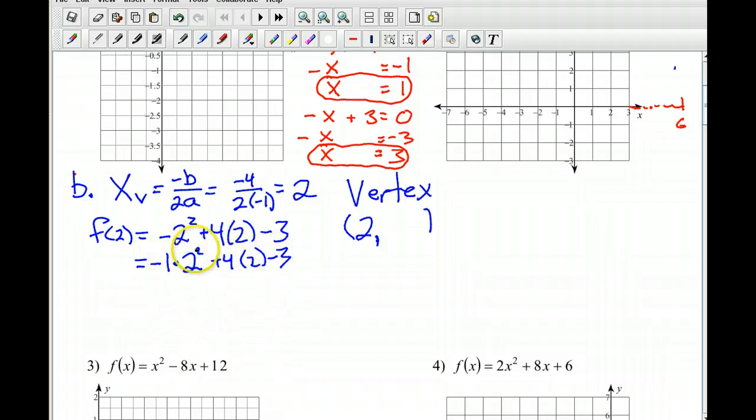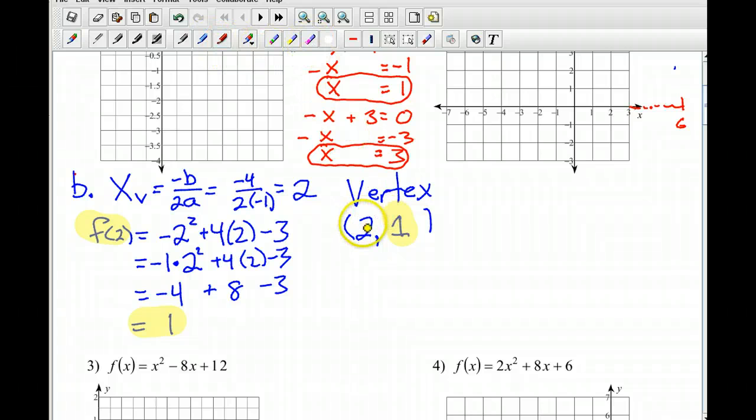Negative 1 times 2 squared. So we really get negative 4 plus 8 and minus 3, which equals 1. Our vertex is at 2, 1. That's where that 1 came from.